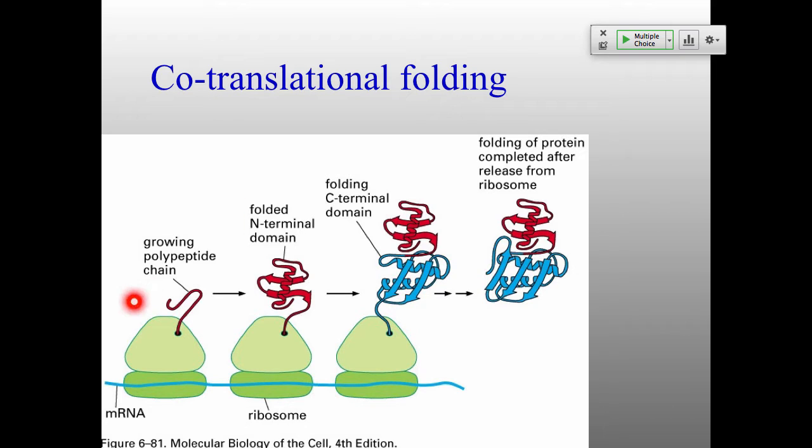Your polypeptide chain makes all of its secondary structures, but also tertiary structures. And then when it's released from the ribosome, because it's got to all of its release factors, et cetera, this protein has its full form and function. So this is perfectly fine. But again, that's usually not the case.